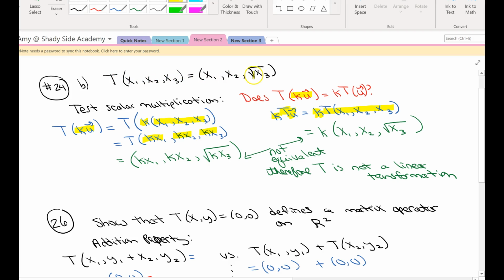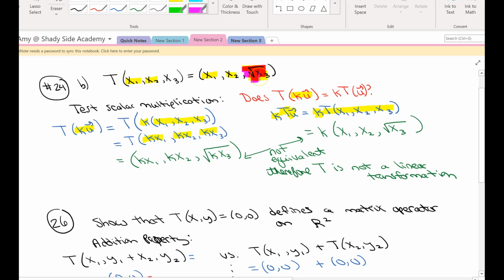And this transformation says that the x coordinate of the image is exactly the same as the x coordinate of the pre-image. The same goes for the quote unquote y coordinate. The only change is that the third component of the image is the square root of the pre-image. So that's where things are a little bit anomalous.